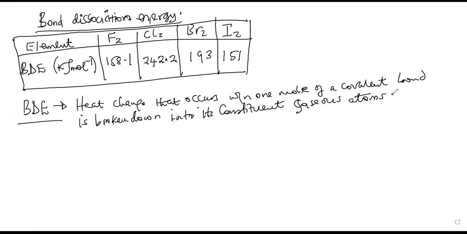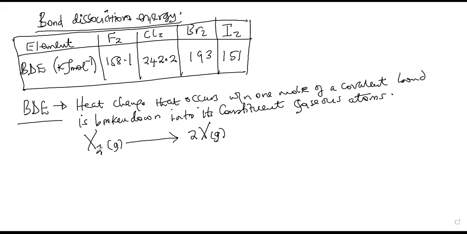What we are trying to mean, for example, if I have a gaseous molecule X2, if it breaks to form 2 gaseous atoms of X, the heat required to break that bond is what we call the BDE. So the heat energy required to break the covalent bond of this molecule is the bond dissociation energy.